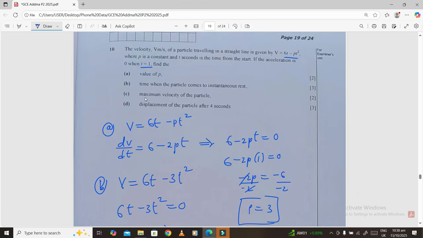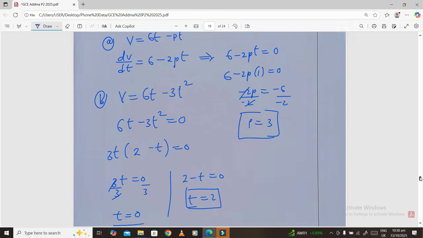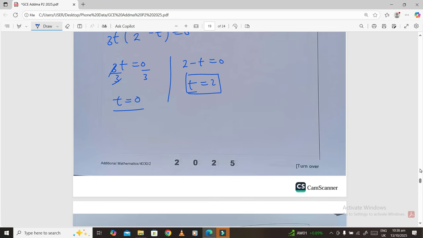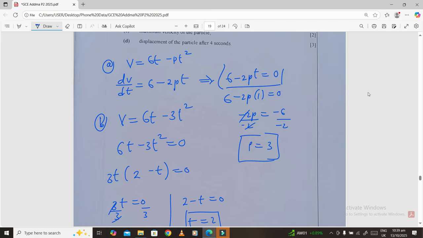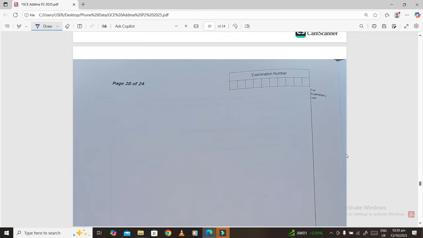For this other question, they are saying maximum velocity of the particle. To get the maximum velocity of the particle, what we need here is the acceleration, because where velocity is the maximum, the acceleration will be equal to 0. The original function or equation is 6t minus 3t squared.